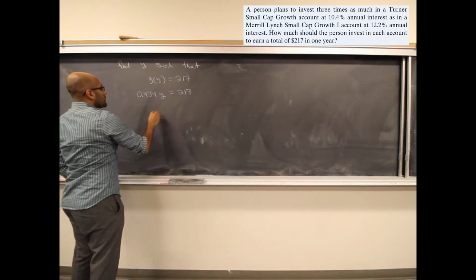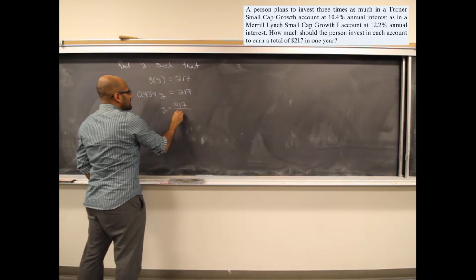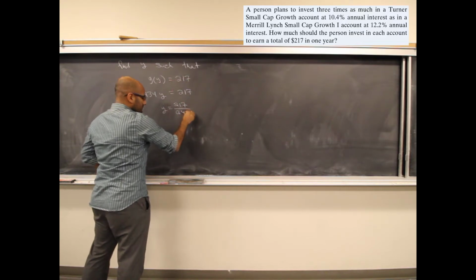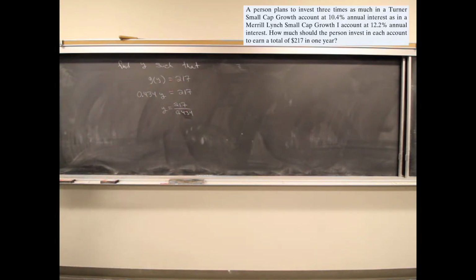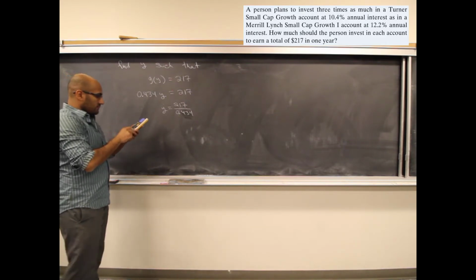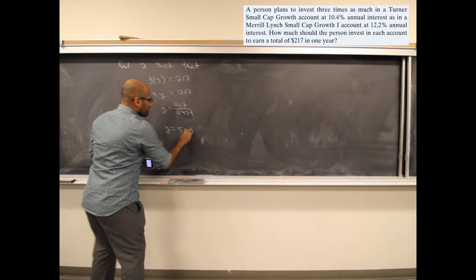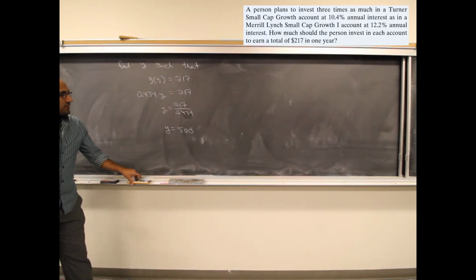So if we divide both sides, we get y is equal to 217 divided by 0.434. Okay, so we get y equals 500.